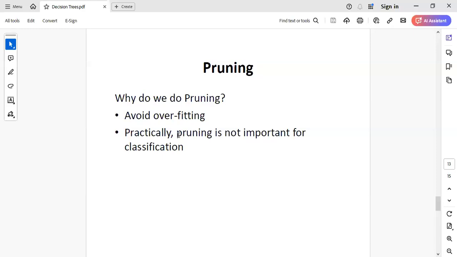Why do we do pruning? When there is overfitting, meaning when train accuracy is more than test accuracy, we apply pruning on the decision tree.